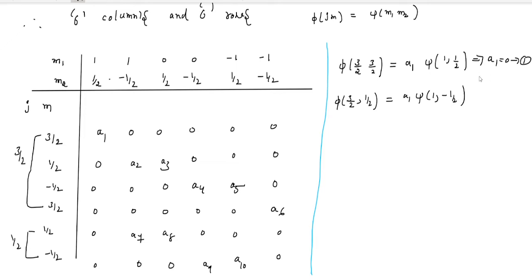Plus a3 wave function psi 0 comma 1 divided by 2. Right.